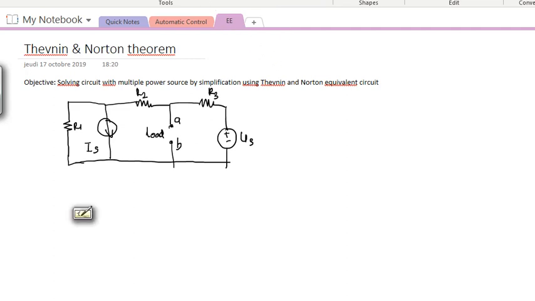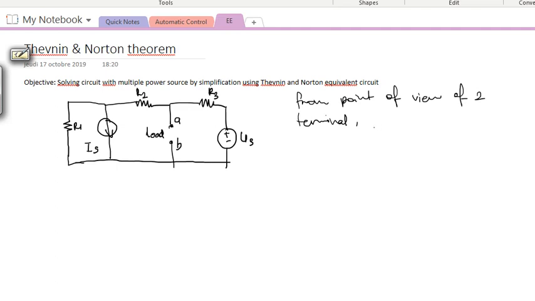Let's have a look. So Thevenin and Norton theorem, what does it say? It says that from the point of view of two terminals, the rest of the circuit can be simplified into only two components.